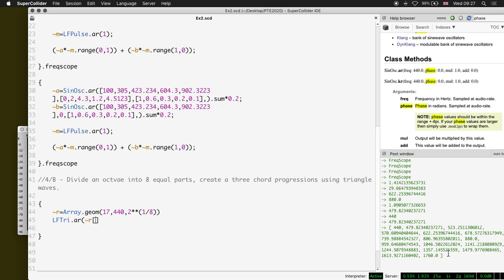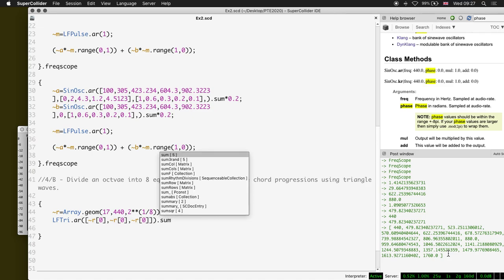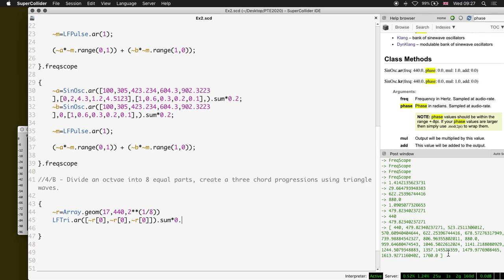So I can ask for the first value, and then I can ask for a few more. Let's have 3 values in a chord. Okay, so that will be that. And then I'm gonna sum those and multiply. Lower the volume, don't wanna get clipping happening there.